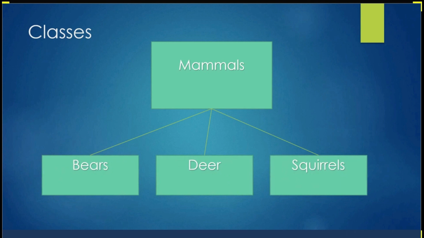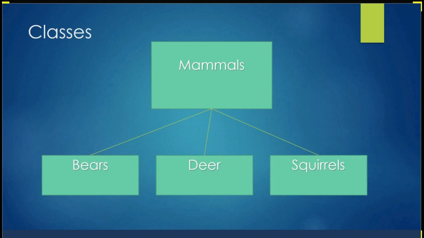And we can say that bears, deers, and squirrels are all mammals, but not all mammals are deers, for example. So this, similar to the previous relationship of mammals to animals, is a one-way relationship again. So even though all bears and deers and squirrels are mammals, not all mammals are deers, bears, and squirrels necessarily.